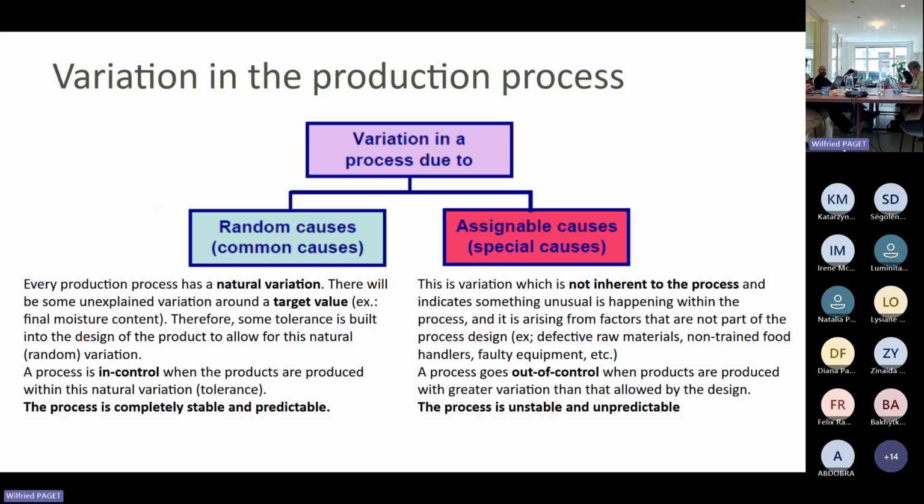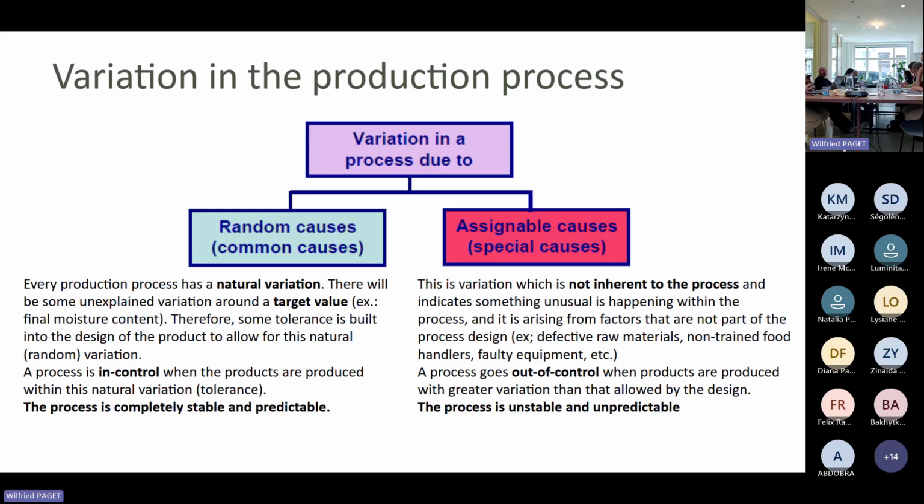Okay, the statistical process control. In all the processes, we can find some variation in the products, and this variation can have two main causes. They can be random, and if they are random, we cannot do much about this because we cannot control them. And there are other causes of variation that we can assign or attribute to some specific causes.